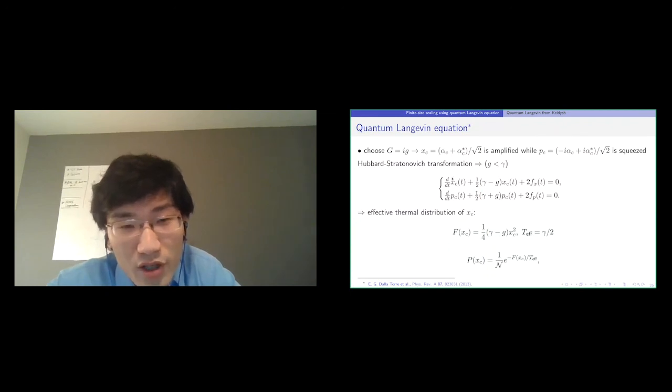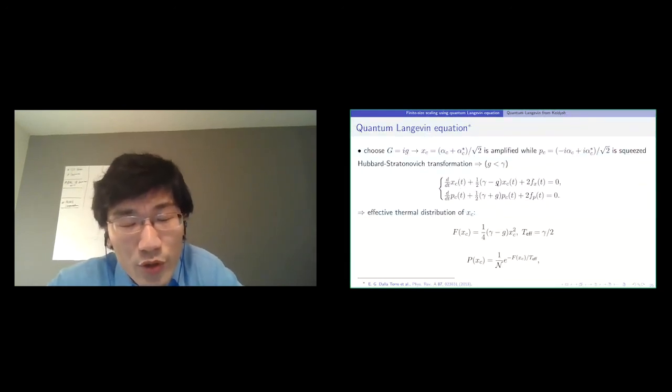To say why it's a Langevin equation, there's no second order derivative of x classical. The first order derivative is just a friction. Basically, it describes a massless particle with some friction, some quadratic potential and some noise.